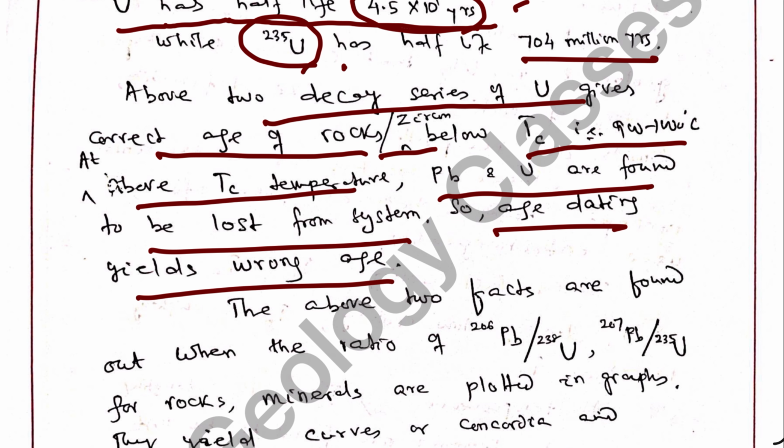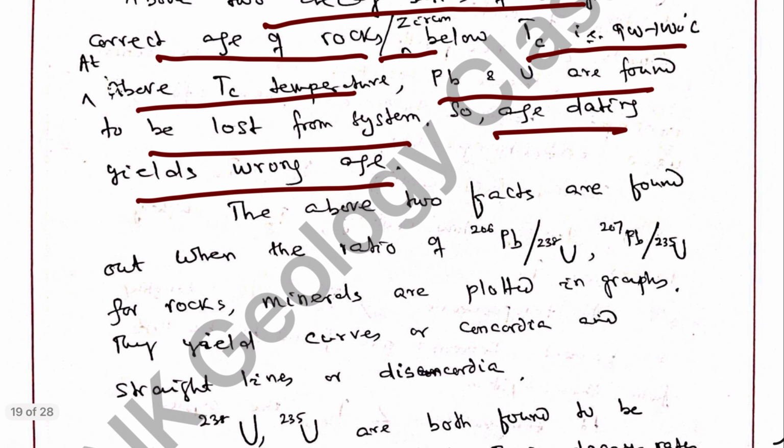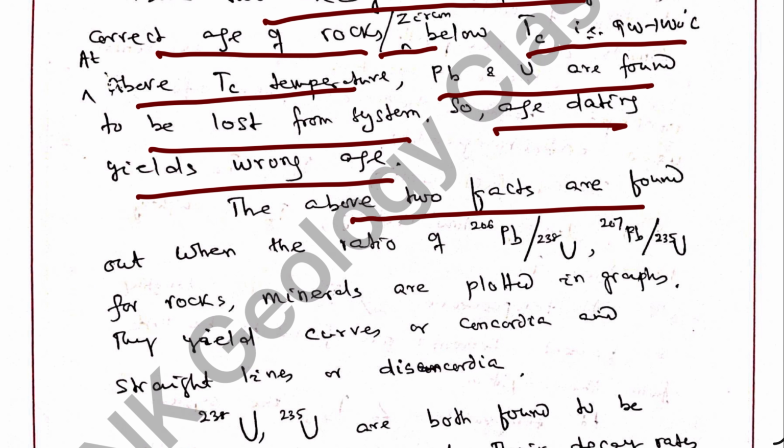The above two facts, the system below closure temperature and the system above closure temperature, yield two types of curves. That has been discussed in the following paragraph. The above two facts are found out when the ratio of U238 with respect to Pb206 and U235 with respect to Pb207 for rocks are determined.